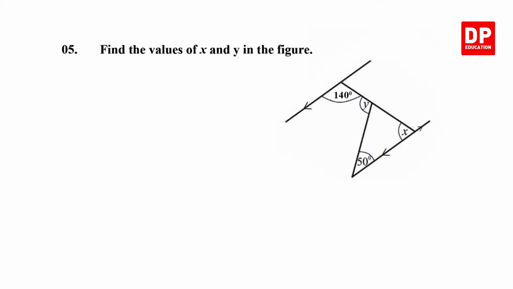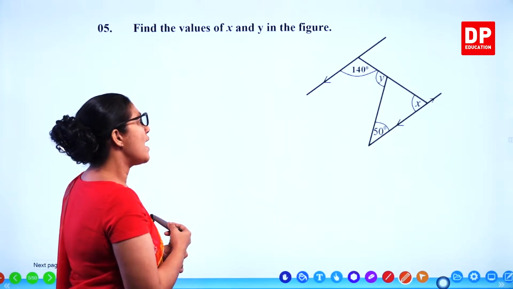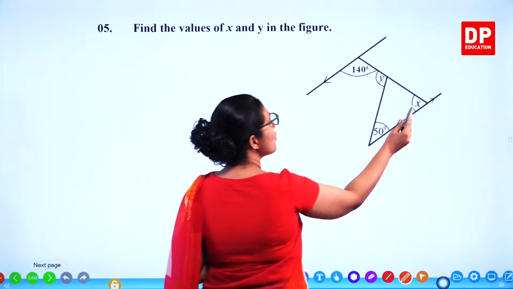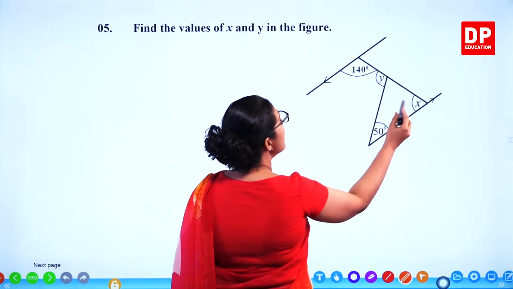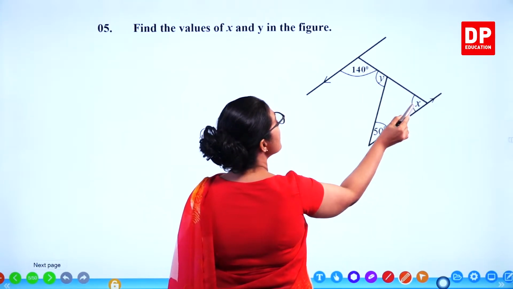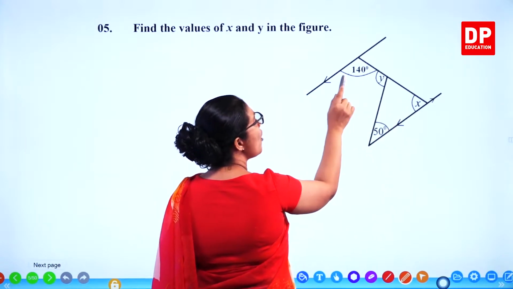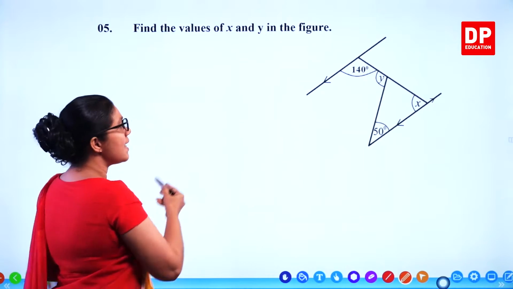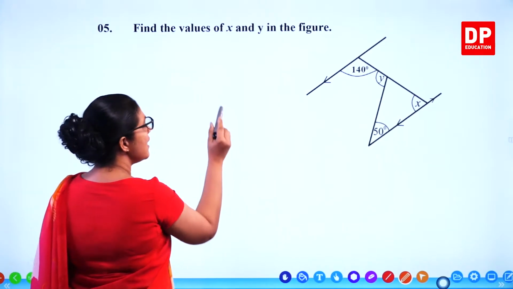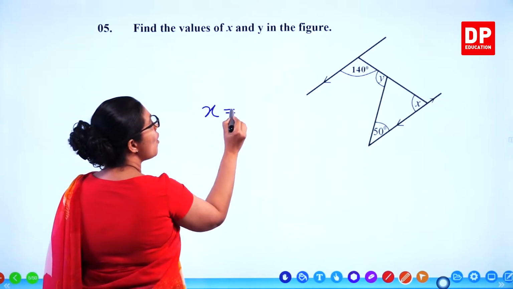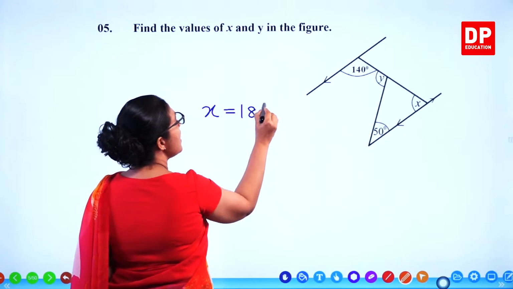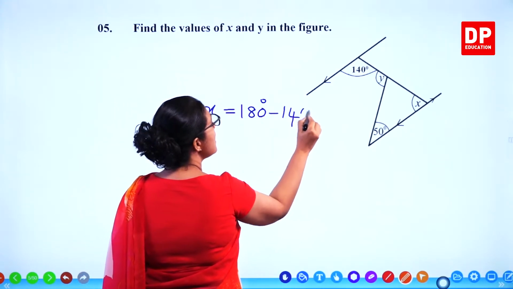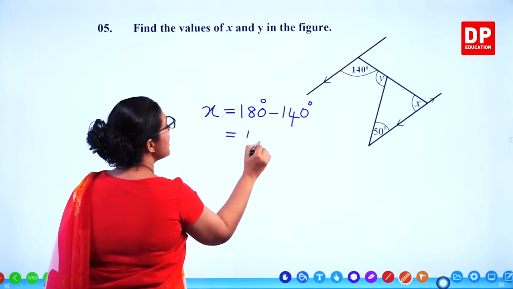Question number 5. Find the values of x and y in the figure. 2 lines are parallel. So here, this is the x value. What can you say about 140 and x? Those are allied angles. Allied angles add up to 180. So we can easily find out x, that's 180 minus 140, that's 40 degrees.